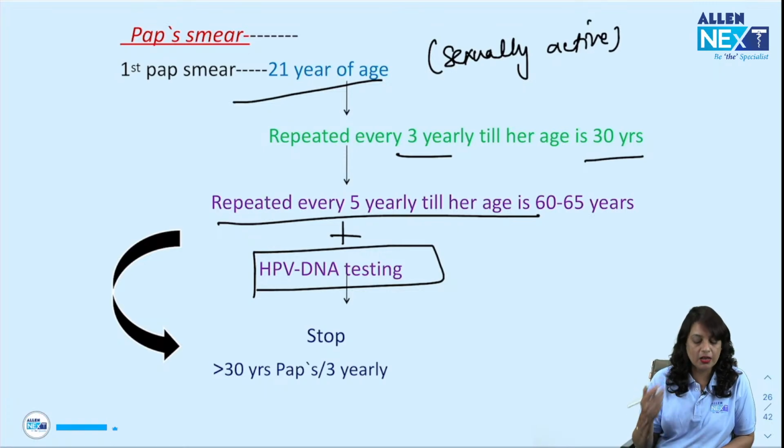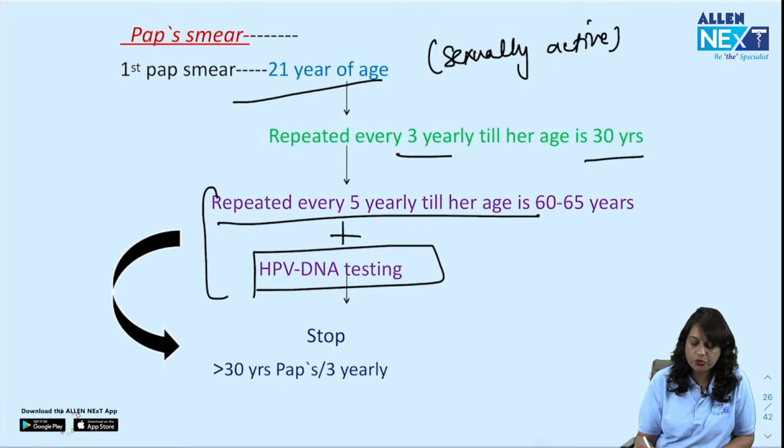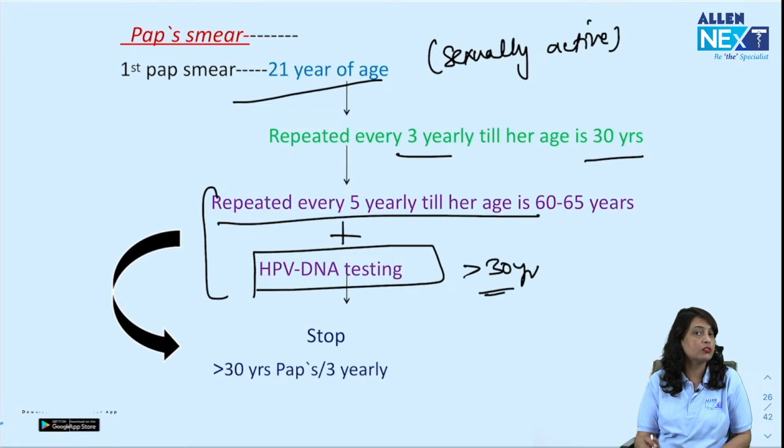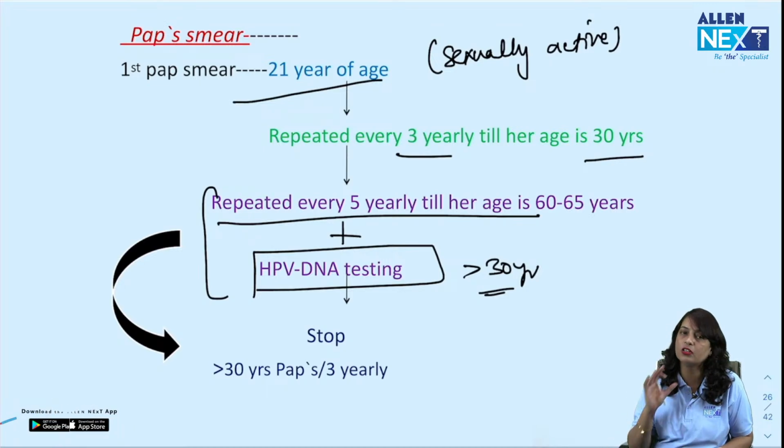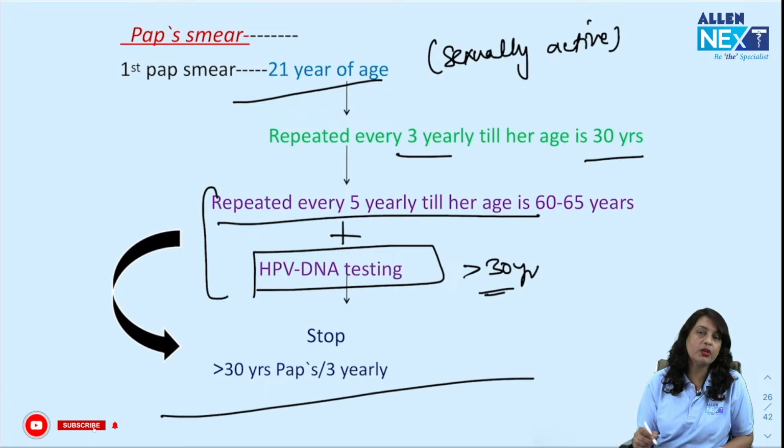What is the age group to start HPV DNA testing? It should be started from 30 years of age. So you do it along with pap smear every 5 yearly till her age is 60 to 65 and then stop. If suppose the lady cannot afford the HPV DNA testing or the facility is not available, then you can do pap smear every 3 yearly.